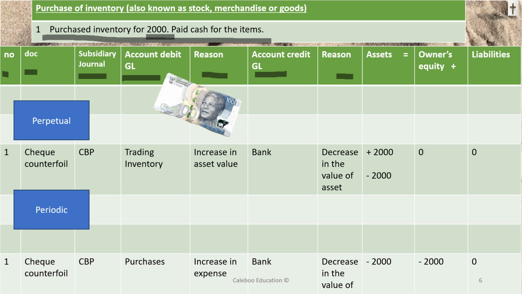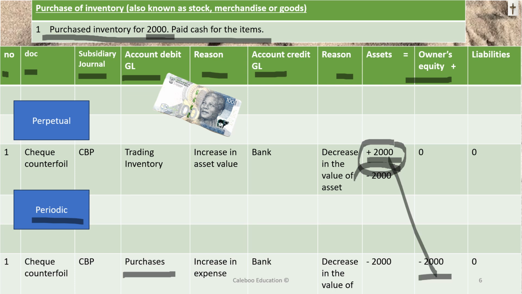And the difference is, what we had here was trading inventory plus 2,000, instead of, in the periodic, having purchases, and what does an expense do to owner's equity? It decreases. So there we go. There's a difference between the perpetual and the periodic.